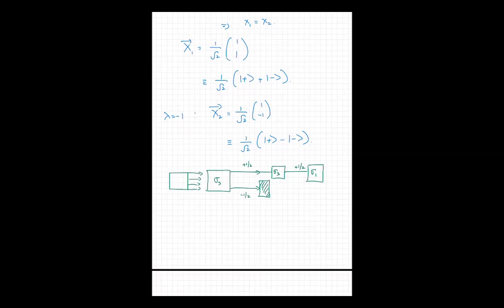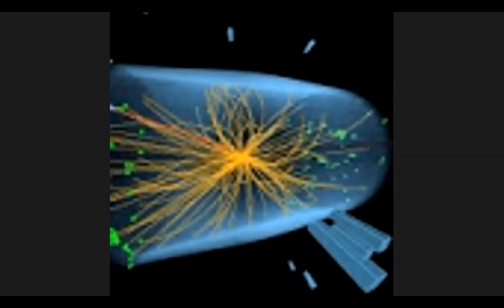I will figure that out by calculating the overlap of the eigenvector of sigma 3 corresponding to plus 1/2 with either one of the eigenvectors of sigma 1, which means the probability of measuring sigma 1 equals plus 1/2 is, oh sorry, this is not showing up, so I will reshare this.